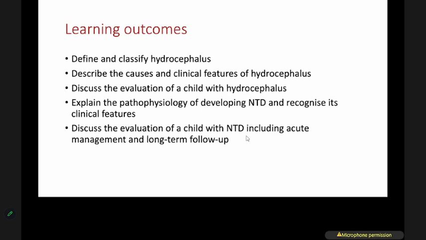So in brief, over the last 1 hour, we discussed two interrelated important components. We discussed hydrocephalus, and then we discussed neural tube defects as a cause of hydrocephalus, and also through that we tried to understand the spectrum of neural tube defects. Okay, right.